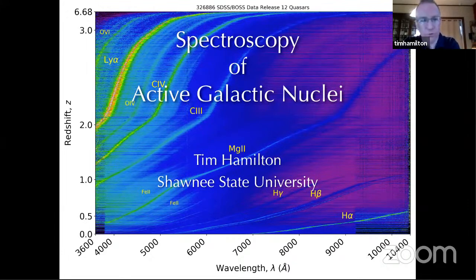The background on this picture here, by the way, is 320,000, I believe, quasar spectra from the Sloan Digital Sky Survey, from the BOSS survey. What you see is that they are stacked up. Each horizontal stripe is one quasar's spectrum.